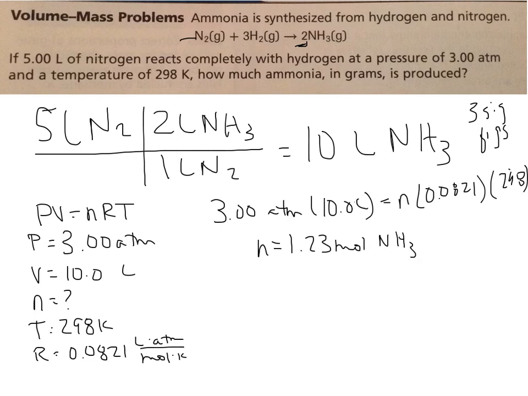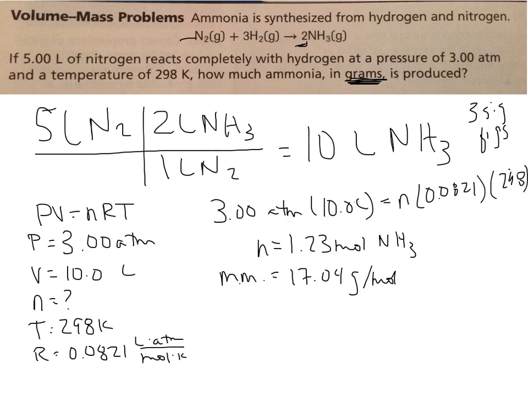of ammonia. But that's not what we're trying to find. We need to find how many grams are going to be produced. So now what we need to do is find our molar mass of ammonia. And our molar mass is 17.04 grams per mole because my nitrogen is 14.01 and hydrogen is 1.01, and when I find my molar mass I get 17.04.